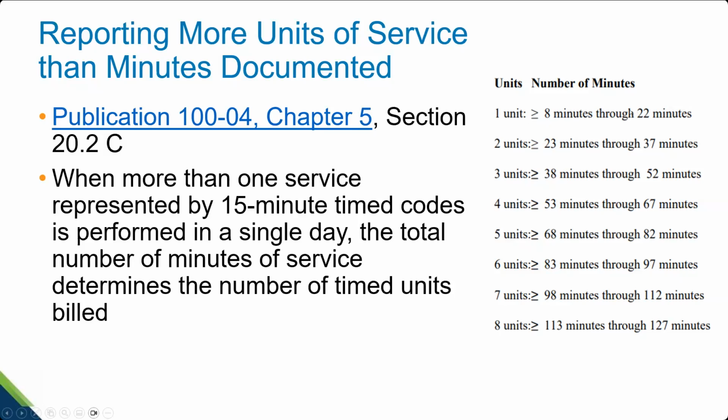Since each of these was performed for the same amount of time, you would pick one: 97112, 97110, or 97140, and report 1 unit, whichever one you want to choose. Which one do I think you should choose? Choose the one that pays higher. All right, hopefully that was clear for everyone, and if it was not, you can always send a question into the chat.